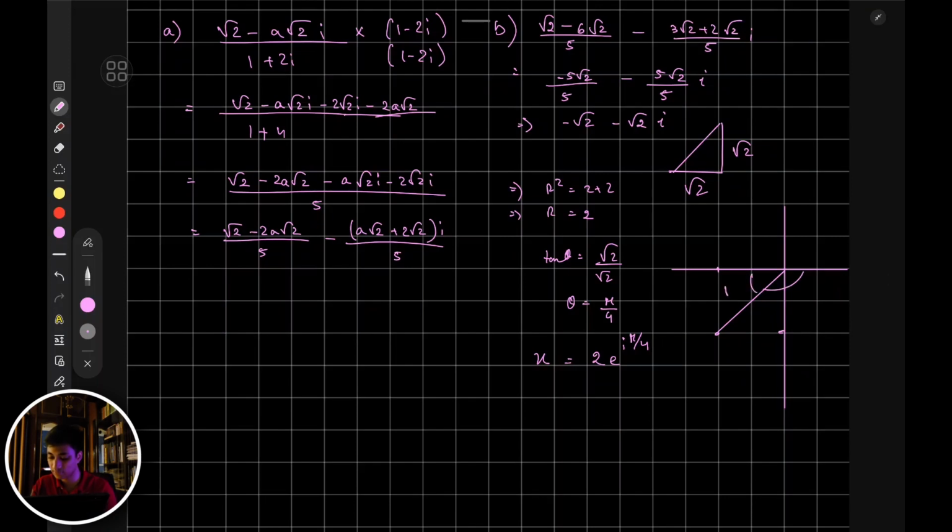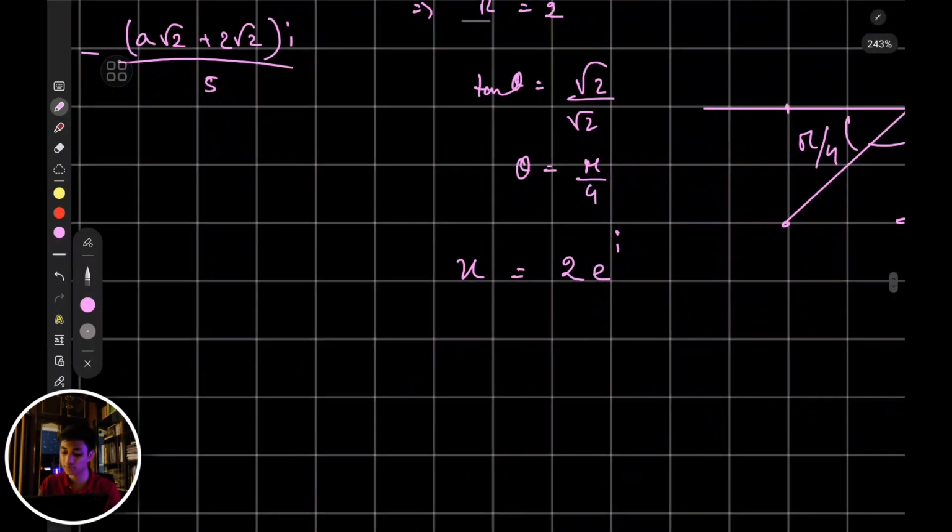If this base angle is pi by 4, this entire theta is pi minus pi by 4, which is 3/4 of a pi. Since this is on the negative y-axis side, it is going to be negative 3/4 of a pi. So the base angle is pi by 4, but the argument is going to be negative 3/4 of a pi.